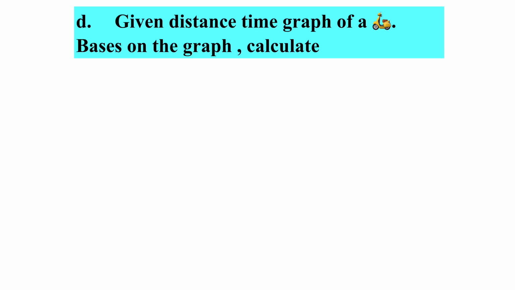Let's study the question. Given the distance time graph of a motorbike, based on the graph given, A, calculate the speed in the first 3 seconds, B, the rate of change of distance in 7 seconds, and C, the duration of time when the speed of the particle is 0.